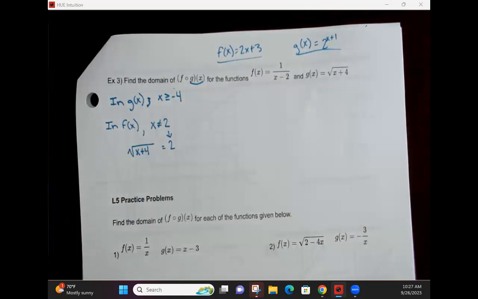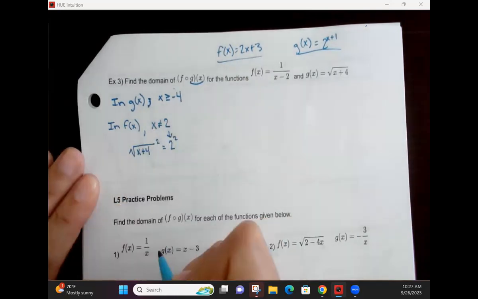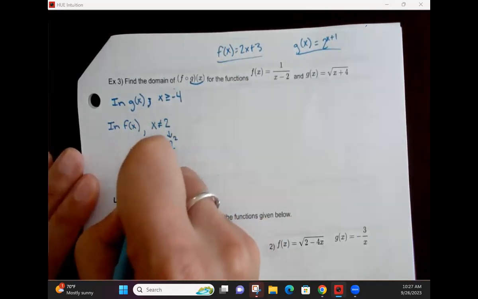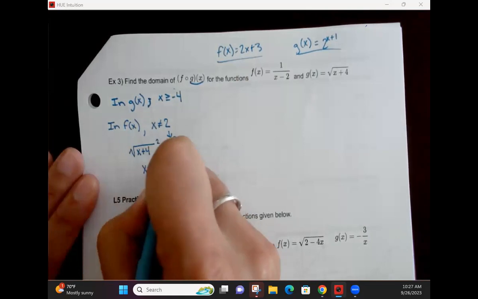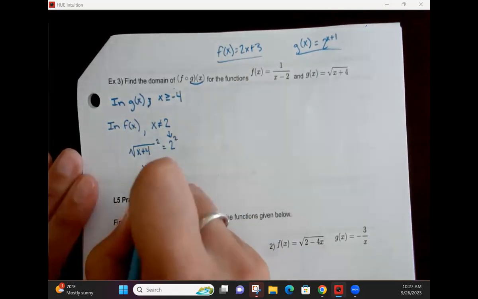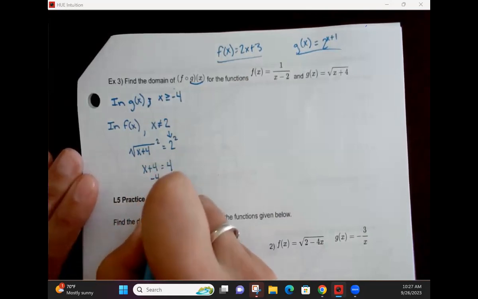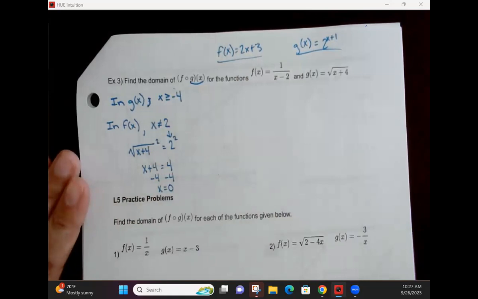So I'm going to solve this for x. Square both sides to get rid of that square root. And we're left with x plus 4 equals 4. Get x by itself by moving that 4 to the other side. And we get x to be 0.